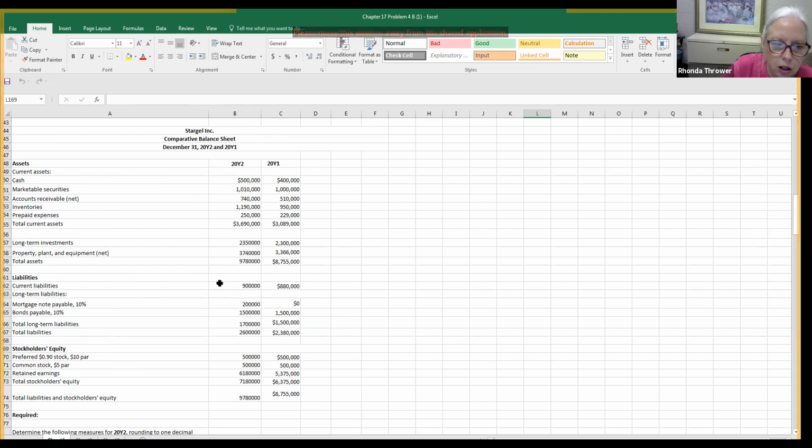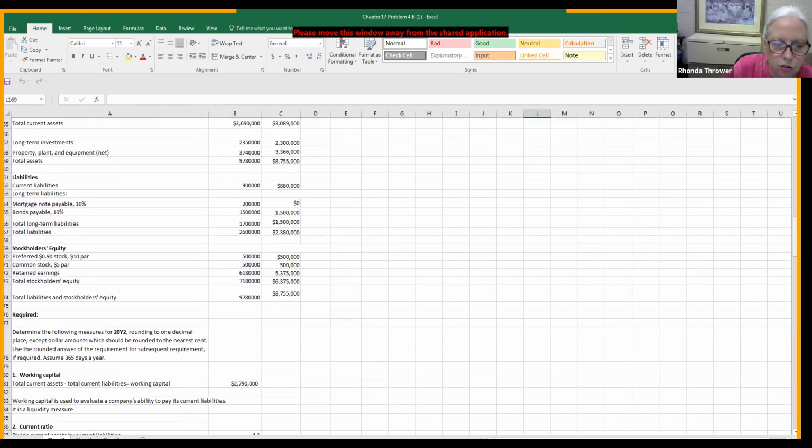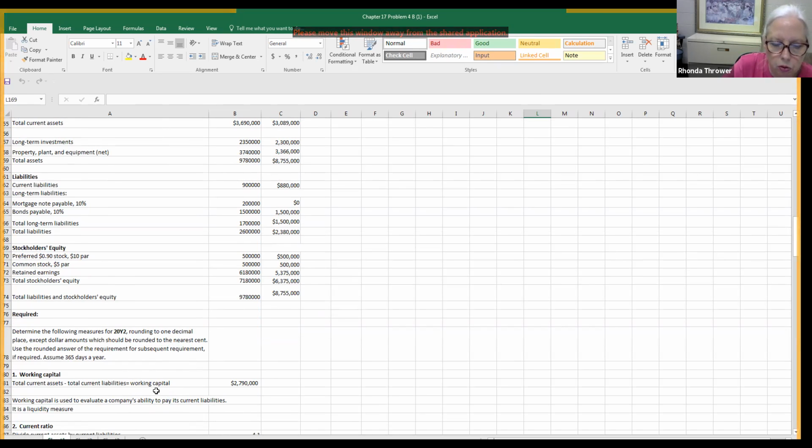So you'll need to know the total of the current liabilities and the total of the current assets when you're determining your working capital. Working capital is a measure of liquidity. And to determine working capital, you're going to take your total current assets and you're going to subtract your total current liabilities from that. This will give you what is referred to as working capital.